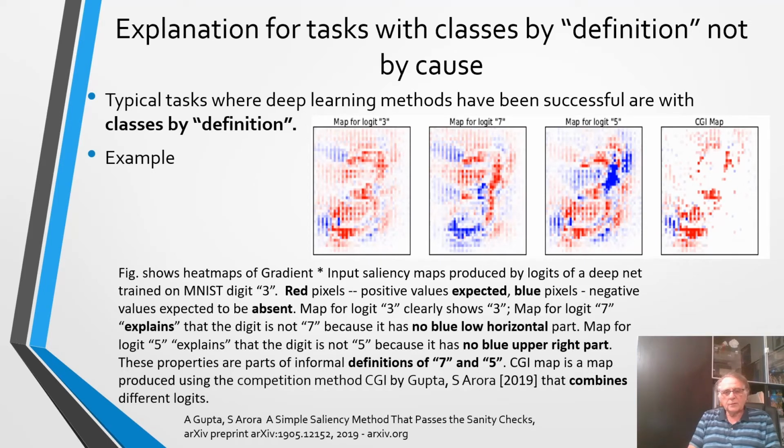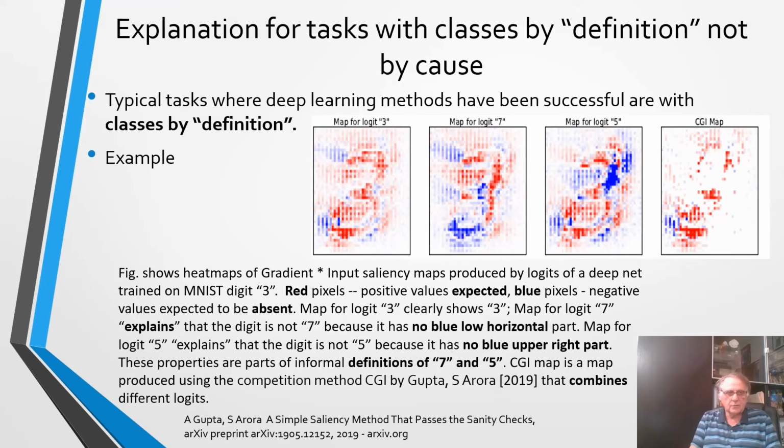Now we will talk about explanations for tasks with classes by definition, not by cause. So we had a previous example with the bird category or type. Now we talk about recognizing digits from the popular dataset MNIST. Obviously, each digit is given again by definition.